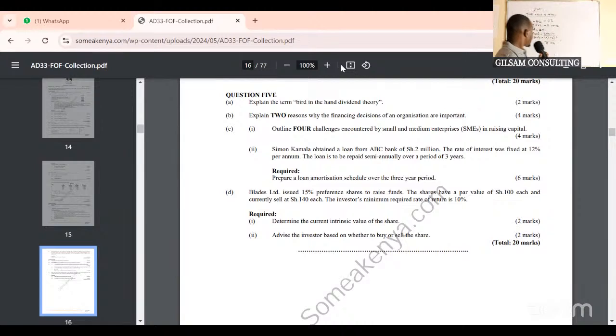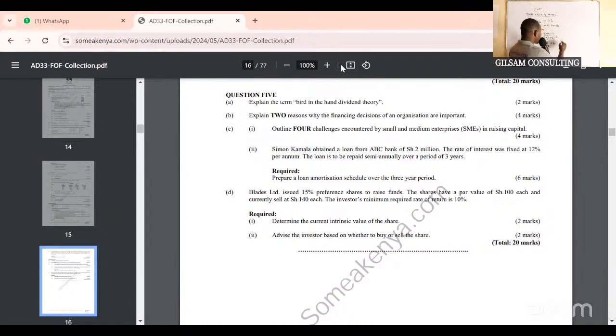So there is a challenge here. The installment cannot be more than the loan amount. If we calculate this one, 1.06 raised to negative 6, 1 minus answer, we divide by 0.06.